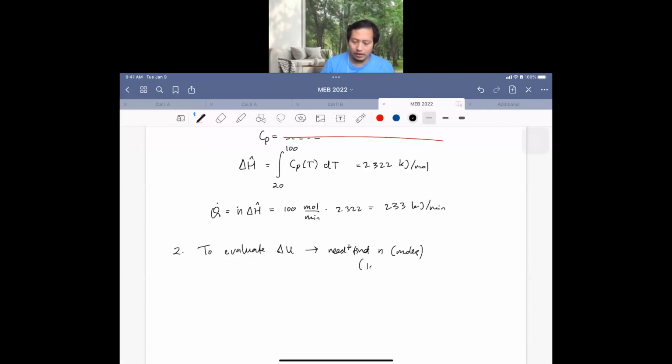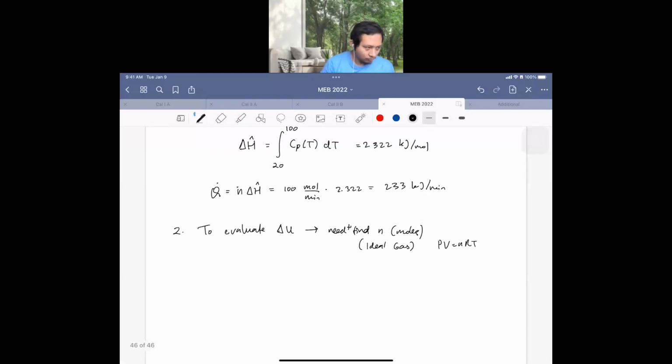Using the ideal gas law, PV = nRT, right? And then the CV is from CP minus R, right?